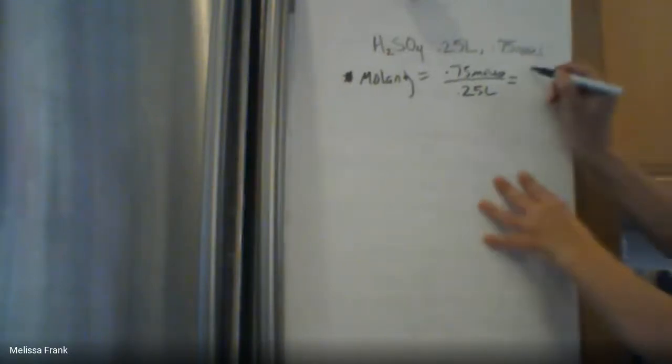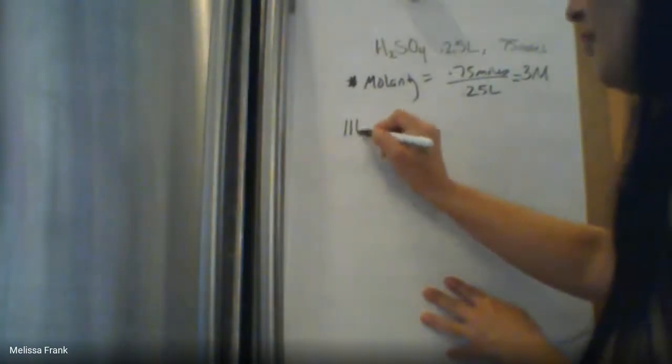If you take your calculator and plug that in, 0.75 divided by 0.25 gives you a 3-molar solution.